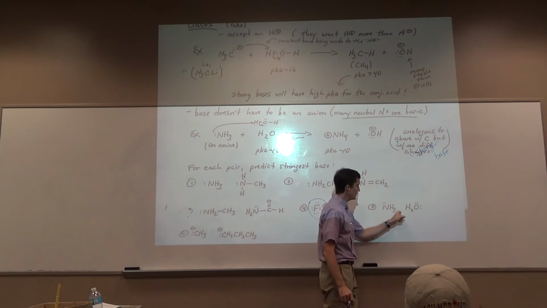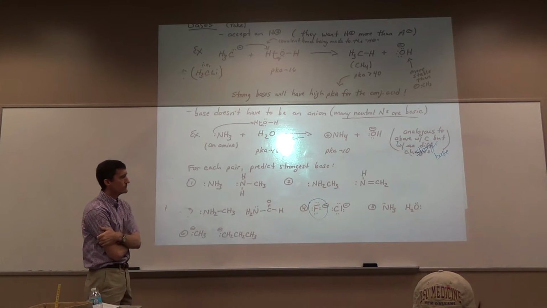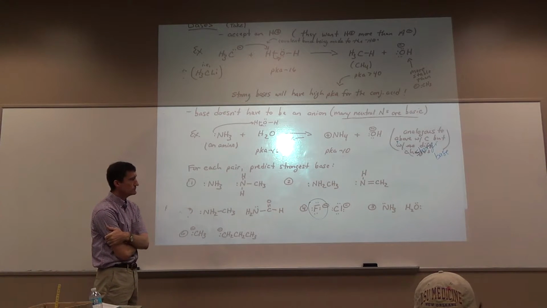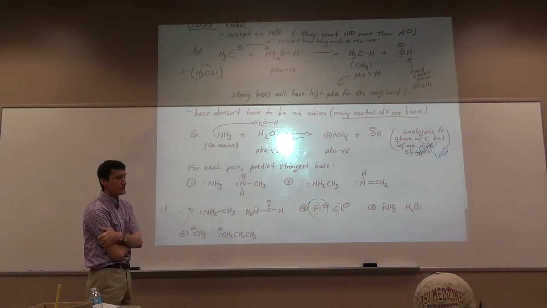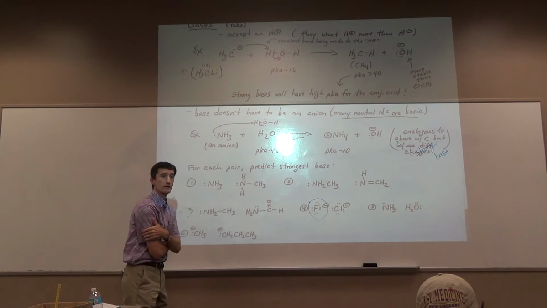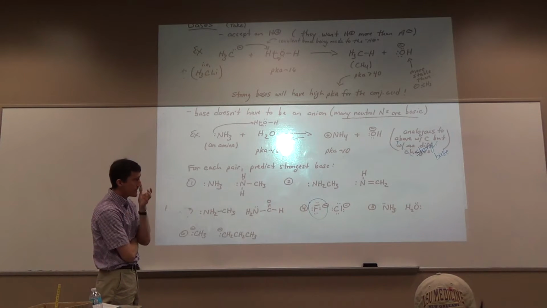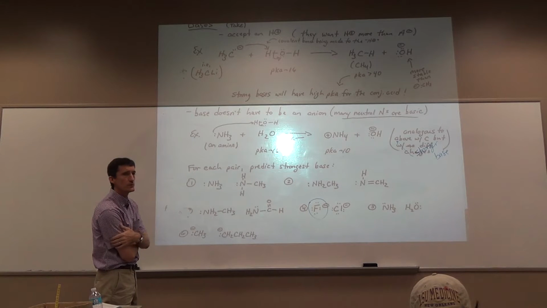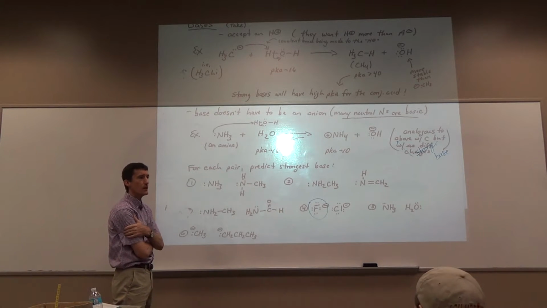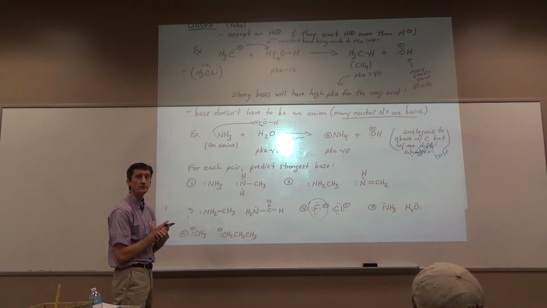Which is more basic, ammonia or water? This is an electronegativity question because they're both sp3 lone pairs. Which one's more basic? What's the difference between oxygen and nitrogen? Oxygen's more electronegative.